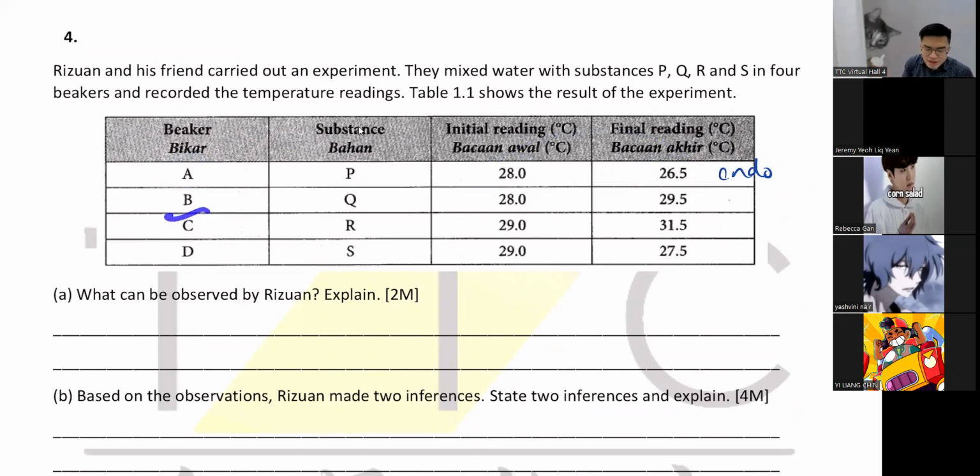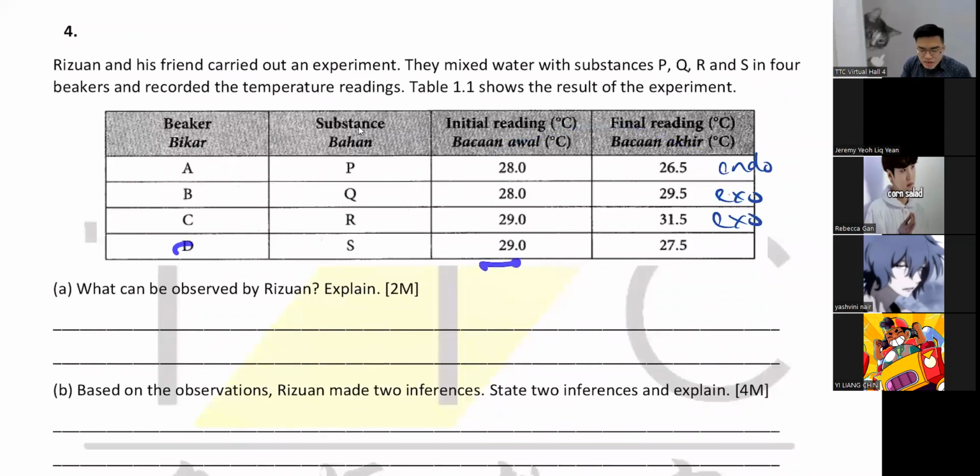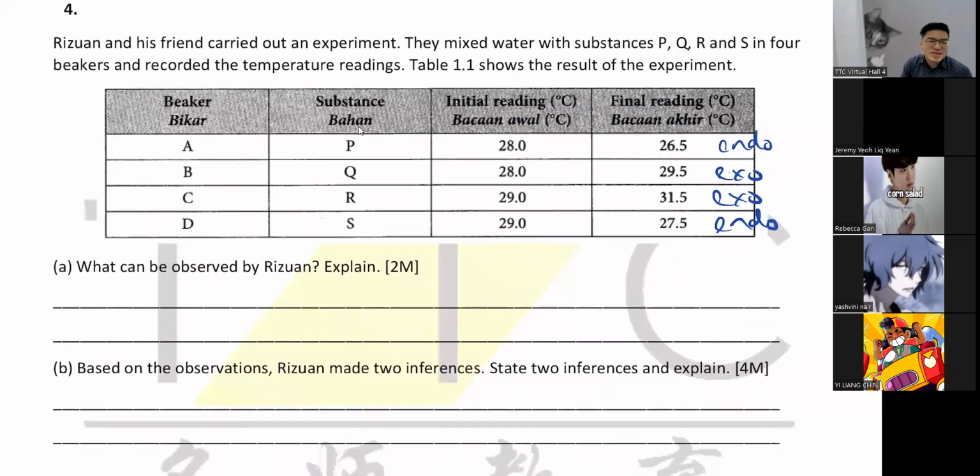For B, 28 to 29.5, this one increases, so exo, because the surroundings become hot. Then C, 29 to 31.5, exo again. And D, 29 to 27.5, endo again. Easy, right?